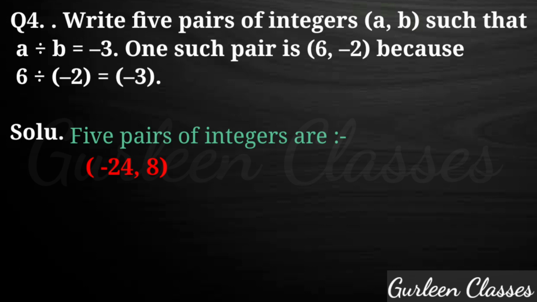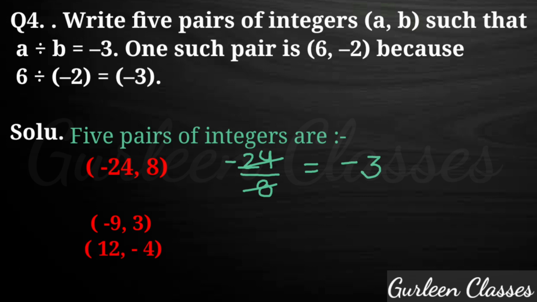If you divide minus 24 by 8, we will get minus 3. Similarly, other pairs are minus 9, 3; 12, minus 4; minus 3, 1; and minus 18, 6. If we divide them, our quotient will be minus 3.